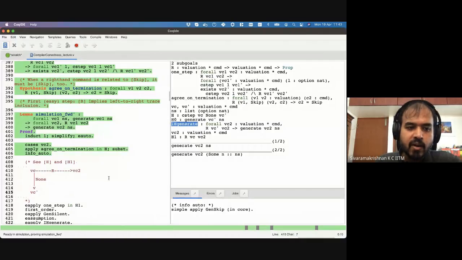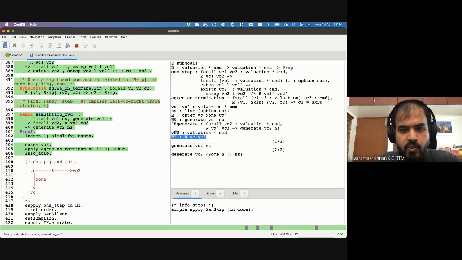So I will keep drawing these diagrams just to explain how this goes through. We are going to apply one step to actually get the fact that we can get a step here, and I'm going to do that on H1.